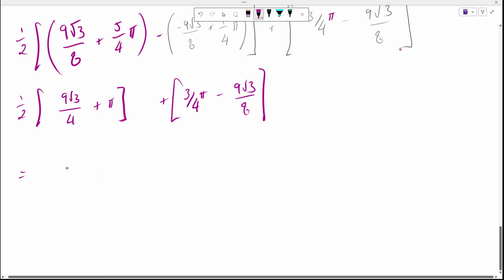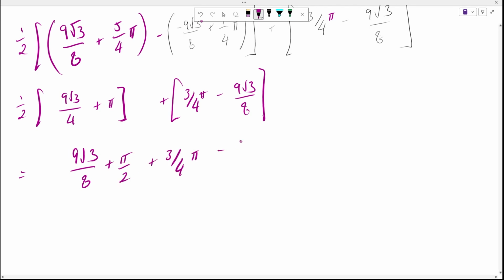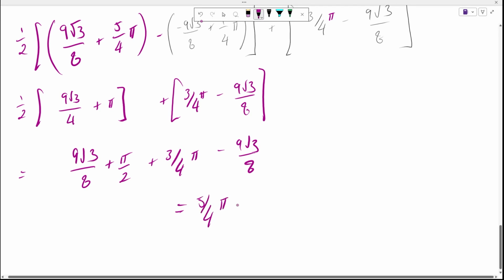And then we're just subtracting, so this becomes 9 root 3 over 8 plus pi over 2 plus 3/4 pi minus 9 root 3 over 8. That becomes 3/4 pi plus 1 over 2 pi. That becomes 5 over 4 pi. And that is our final answer.